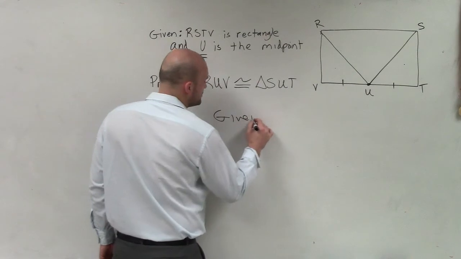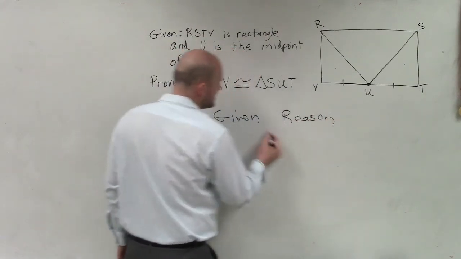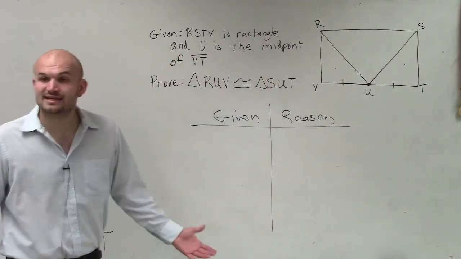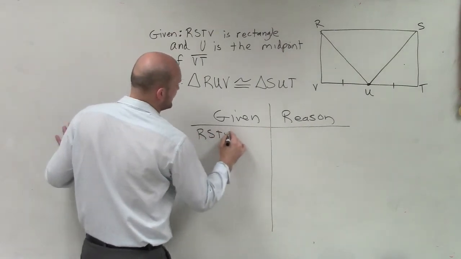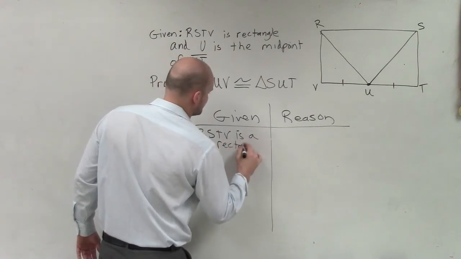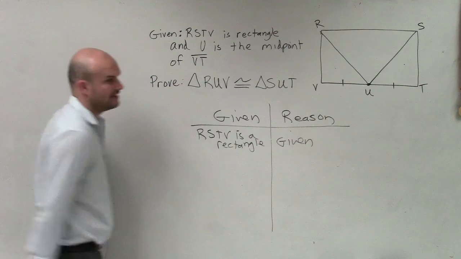You guys know that with two-column proof, there's really no reason for you guys to not try this problem by at least setting up the proof and writing the givens. So we know that RSTV is a rectangle, because that's given. OK.